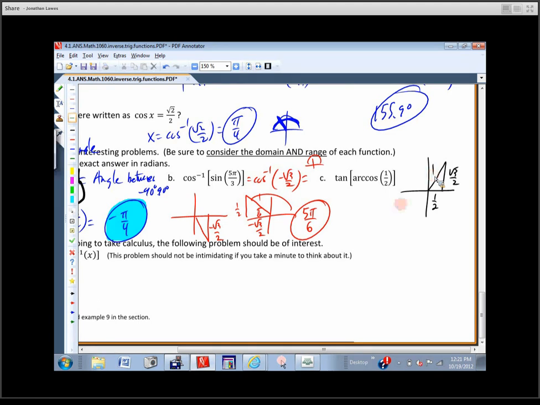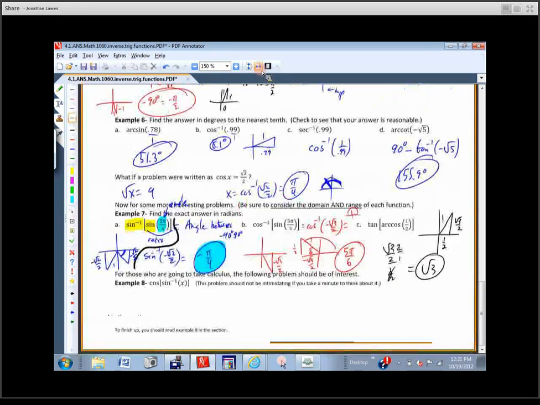I don't really care what angle that is. The angle happens to be 60 degrees or pi thirds. I want the tangent of this angle right here. I want the tangent of this picture. So the tangent would be opposite over adjacent, radical 3 over 2 over 1/2. Oops. Flip that over and multiply. Answer is radical 3.